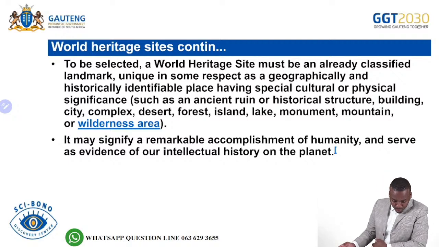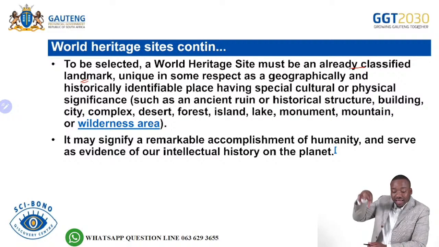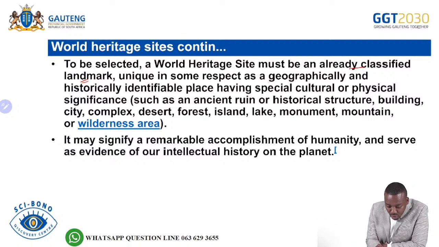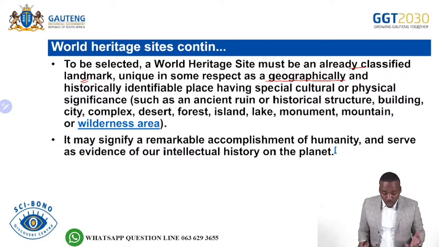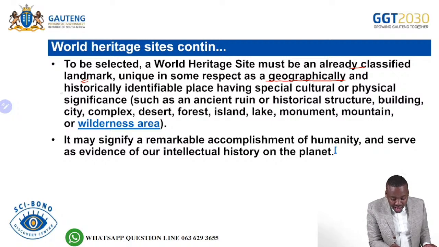To be selected as a World Heritage Site, it must already be a classified landmark, meaning that particular attraction must already be classified as a landmark at national level. Sometimes it is unique in some respect, maybe geographically, and or it is a historically identifiable place having special cultural or physical significance, right?